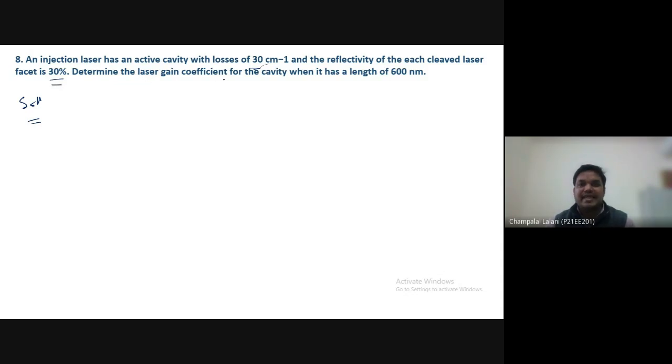Determine the laser gain coefficient for the cavity when it has a length of 600 nanometers.